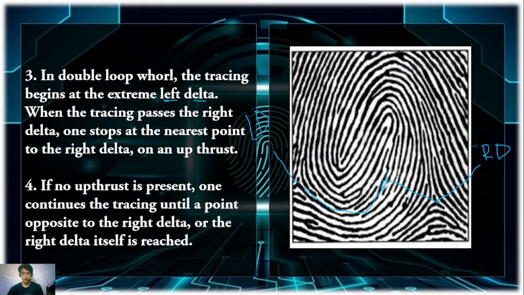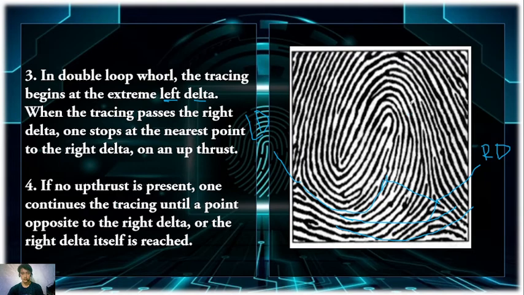Okay, so if there's no upthrust, or it doesn't go up, paano kapag tuloy-tuloy naman yung ridge natin dito, it surrounds the other loop. So anong gagawin? Dito natin itutuloy. Tuloy-tuloy lang siya until dito sa pinakamalapit sa right delta.